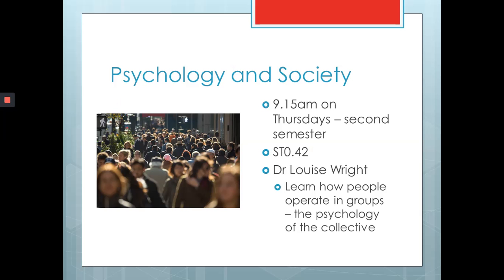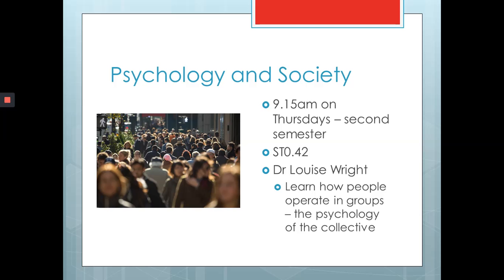And then you have, in the second semester after Christmas, Psychology and Society, which is at 9:15 in the mornings on Thursday in STO42 with Dr. Louise Wright again, and here you learn about social interactions in psychology. So a lot of psychology focuses on the individual, how people in isolation think and feel and behave.